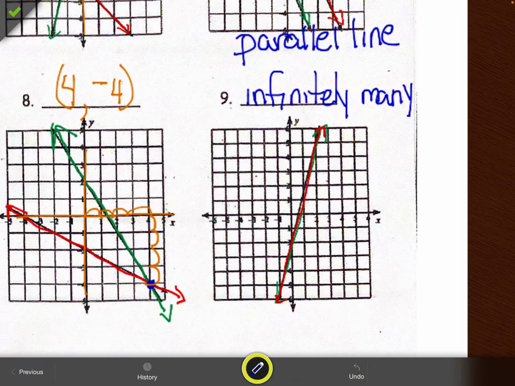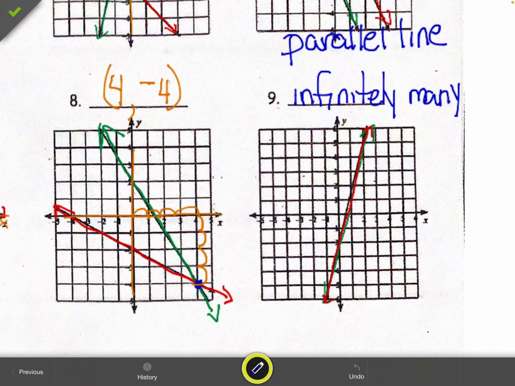What it means is no matter what point you pick, okay, so I could pick this point, Miss Witcher could pick this point, Miss Yaming could pick this point, Miss Wagner could pick this point, Mr. Doss could pick this point, Mr. Guzman could be up here. Okay, no matter what point you pick, because they're basically the same line, it's going to work for both.